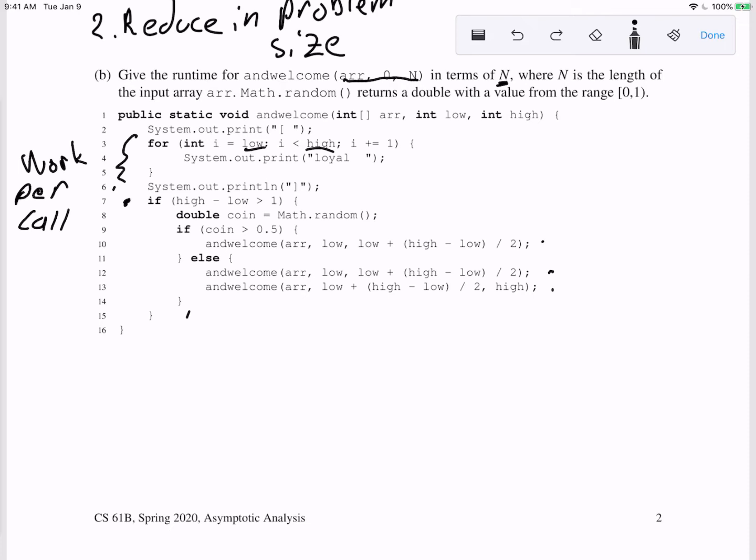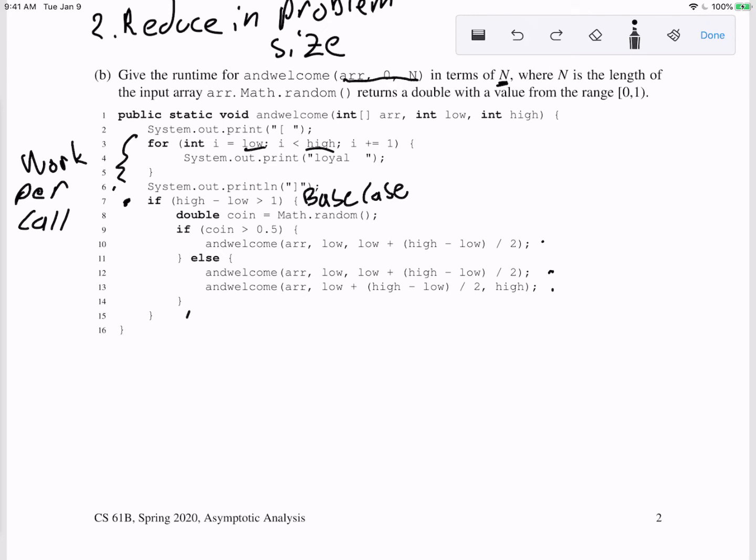Eventually they'll either meet or cross or be 1 apart. And once that happens, we're just going to say we're done. So that was just the analysis of the function beforehand. So let's note that this is basically just a base case.